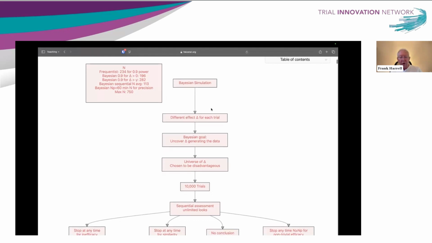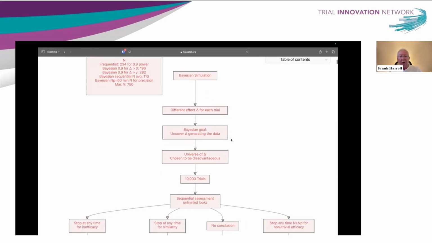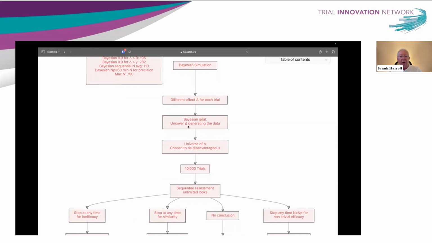So first question you ask yourself, how do you know you're doing a Bayesian simulation and not a traditional frequentist simulation? The first thing that tells you that is no two trials that you simulate will have the same treatment effect. So you simulate 10,000 trials, you'll have 10,000 different values of delta. So the Bayesian goal is to uncover delta that generated the data, no matter what that delta was.